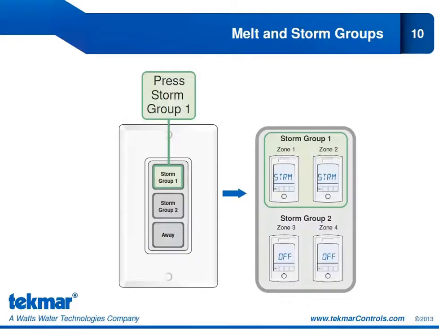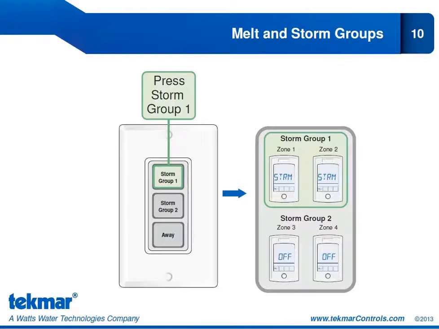Well, the nice thing about the 654 is that we have developed what we call melt groups and storm groups. So if you can remember my earlier example of a multi-zone system where I had a driveway and a front walkway along with a side pathway and a patio.